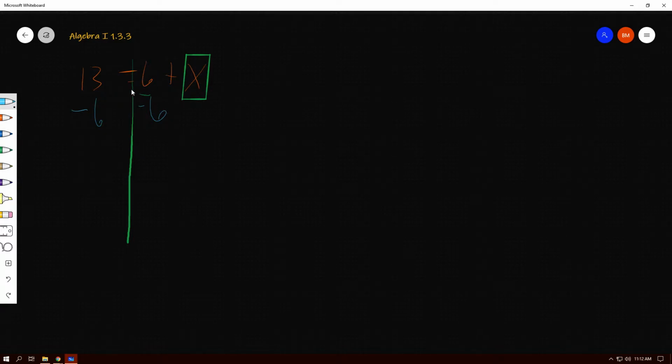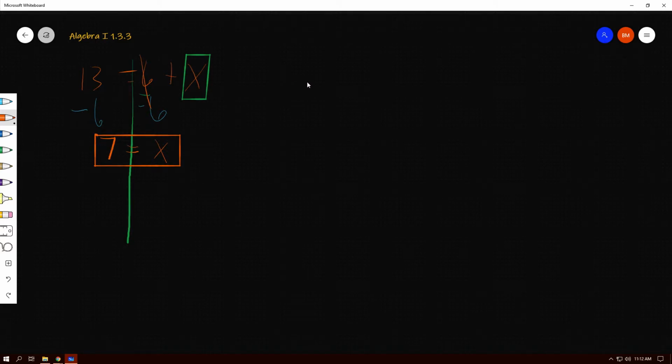This cancels out the 6 on the right side, leaving just x, and then the equal sign. On the left, 13 minus 6 is 7. So my answer is x equals 7. That's all we had to do.